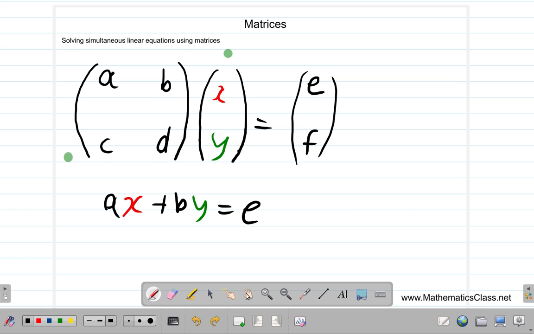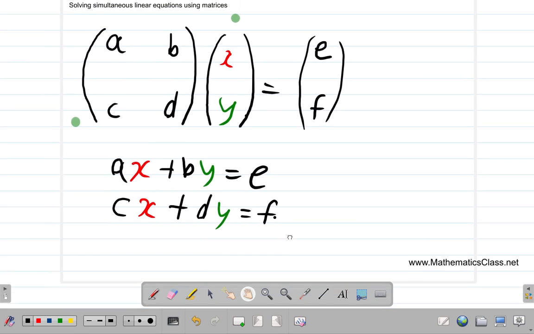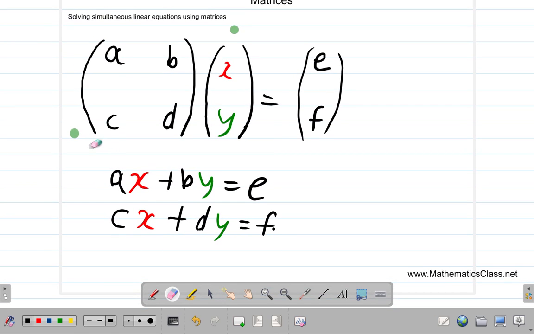So, here now, you have C times X plus D times Y equals F. Now look at that. That looks like two simultaneous equations, a pair of linear simultaneous equations. You have equation 1 and equation 2. See that?